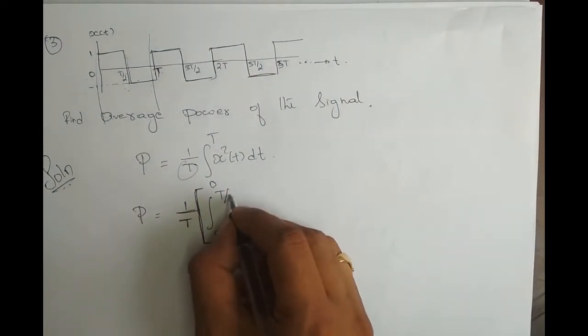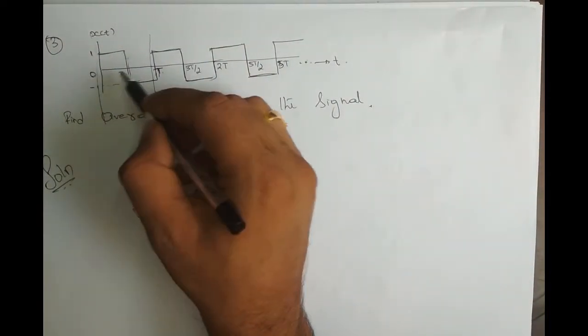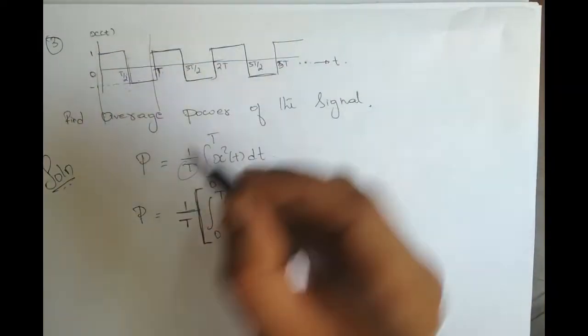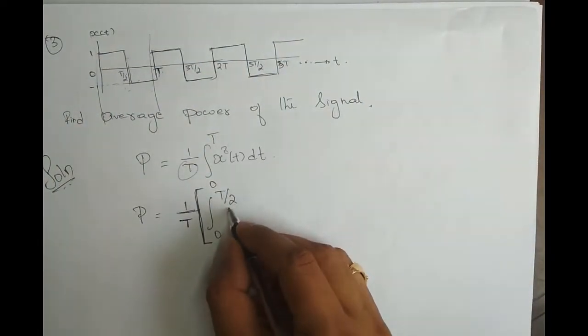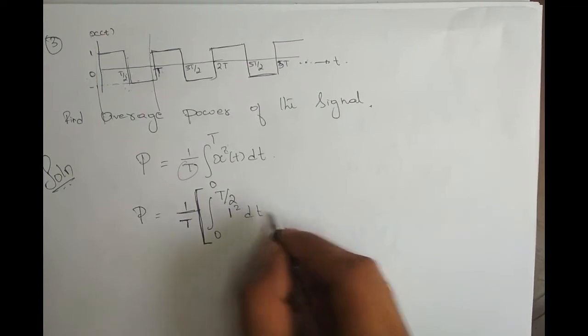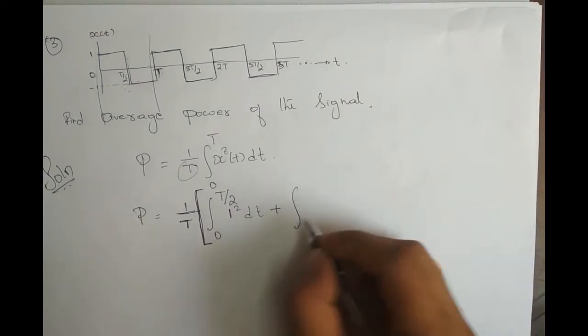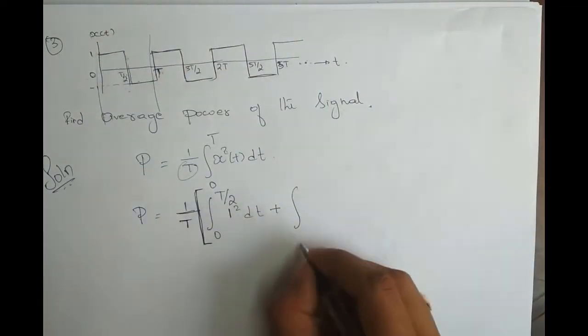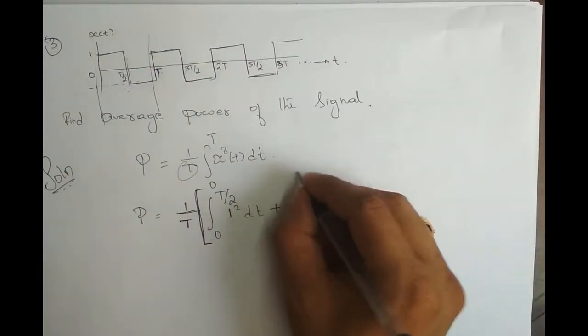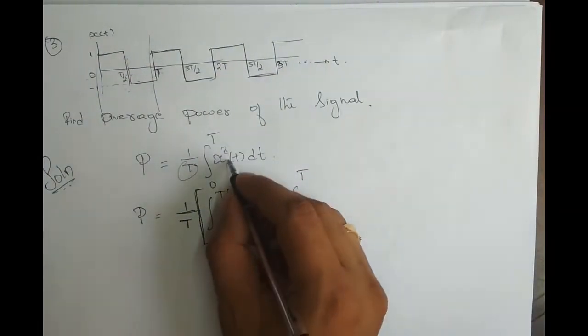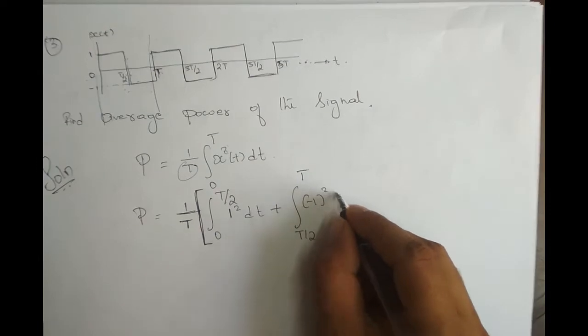From 0 to T by 2, what is the amplitude? It is 1, but as per the formula, it is squared, so 1 square dt, plus integrating from T by 2 to T. What is the amplitude? It is minus 1, but as per the formula, it is minus 1 whole square dt.